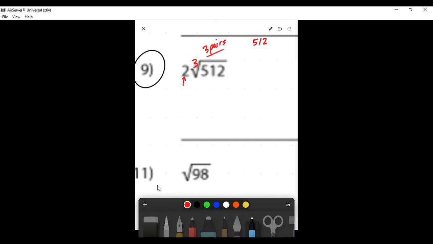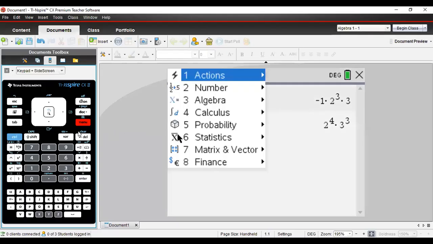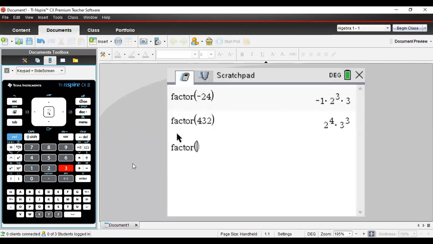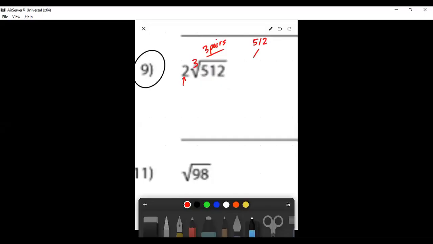Okay, so let's go get the calculator. Boom. We're going to do menu 23. Boom. We're going to put in 512. Press enter. It's 2 to the 9th. So I can go back to my iPad and I can say, oh, this is 2 to the 9th, which is the same thing as 1, 2, 3, 4, 5, 6, 7, 8, 9.